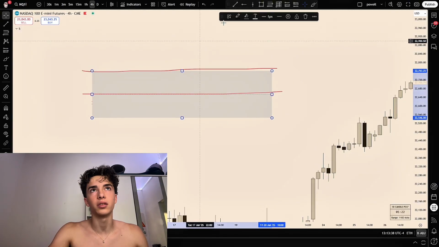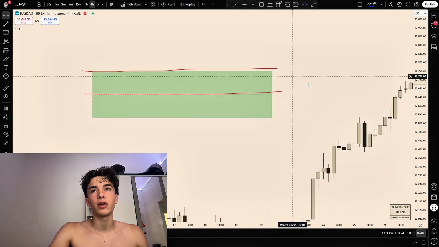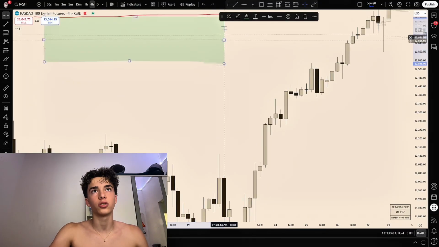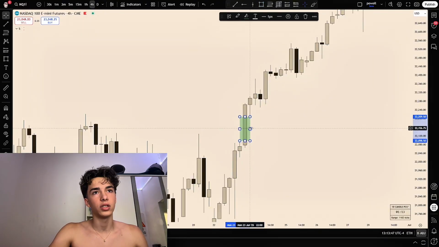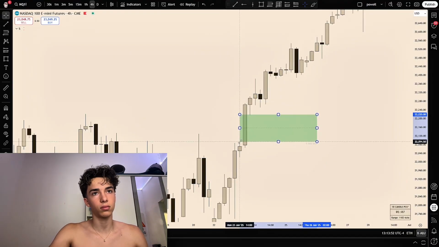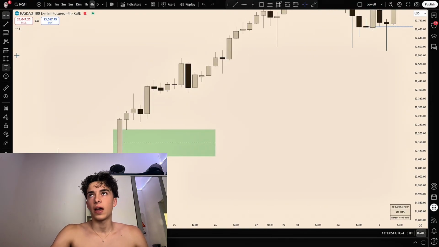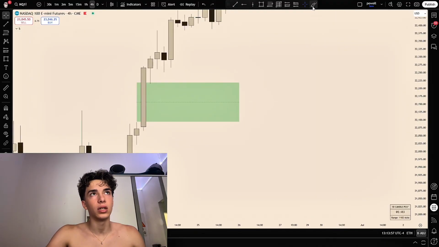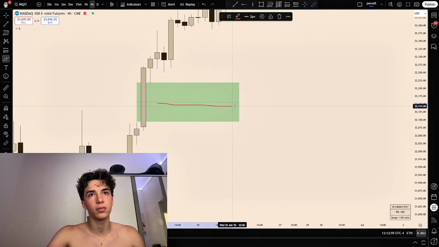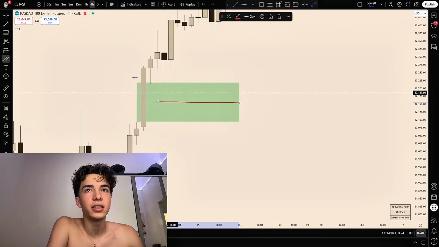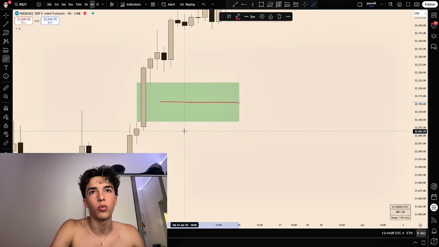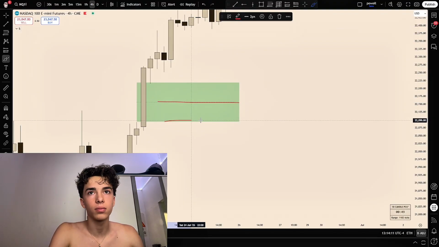Let's pretend that this was a bullish fair value gap, so let's do an example live. This was our fair value gap. Our sensitive areas are the 50% mark, so this one, and in this case, since it's a bullish gap, the gap fill is here.